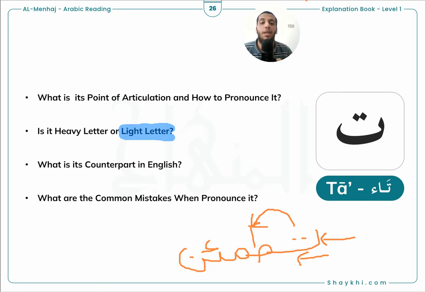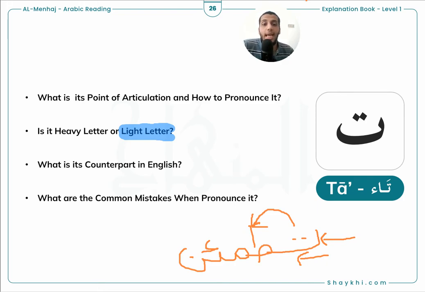So تطمئن without pausing. I just made this pause to clarify this point, but you have to say it without pausing. So تطمئن. Okay, so this letter is light, so take care not to make it heavy because the next one is a heavy one, and this, by the way, needs a lot of practicing to pronounce it correctly.